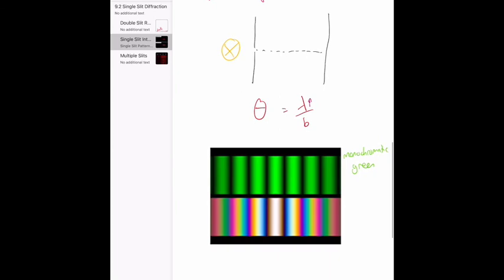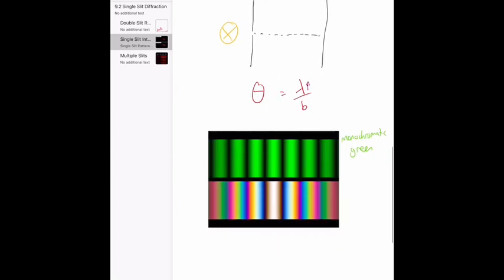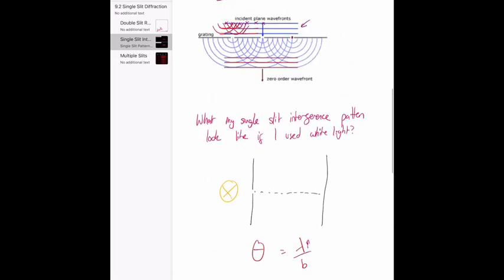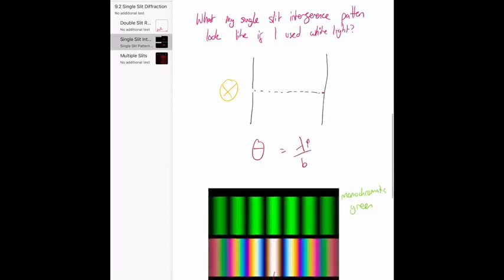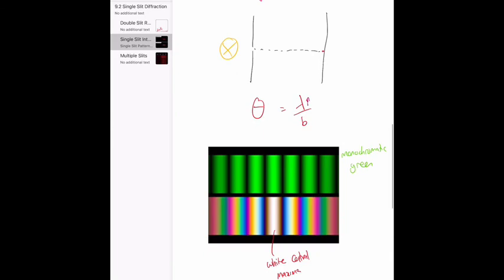So this is our white light single slit interference pattern. So here, this is a white central maxima. So why is that white? Well, white light is obviously all the colours of the rainbow mixed together. And so right in front, we haven't had any diffraction, so my red, my purple, my blue will all have gone straight through, so we're going to have a white bit there.